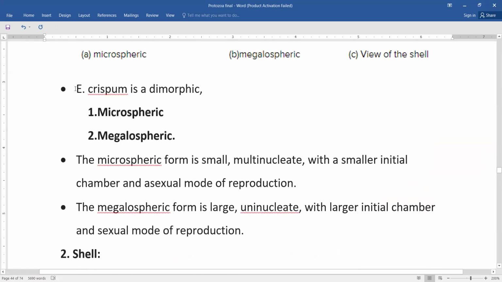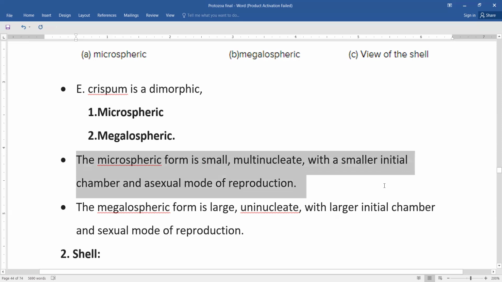Elphidium crispum is a dimorphic form. One is the microspheric form, another is the megalospheric form. So you should remember this. The microspheric form is smaller, multinucleated, meaning it contains many nuclei, with a smaller initial chamber. The first chamber of the microspheric form is smaller, and it performs asexual reproduction.